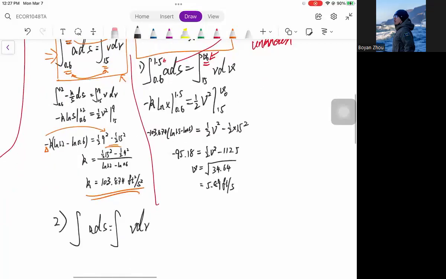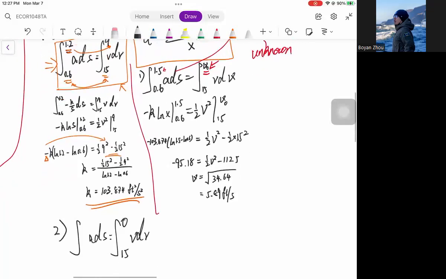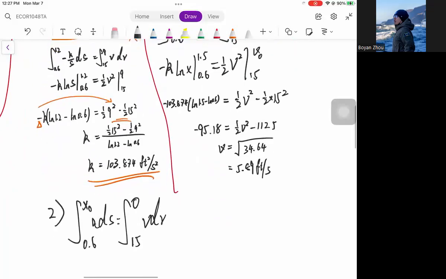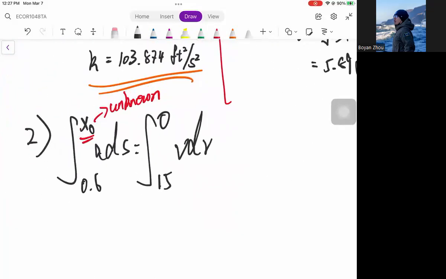In this case, we're evaluating from 15 to 0. On the left hand side, it's going to be from 0.6 to the value that we are looking for, so this one is the unknown. That means when the velocity is 15 feet per second, we know the displacement is 0.6, and we're looking for what the displacement is when the velocity is 0.